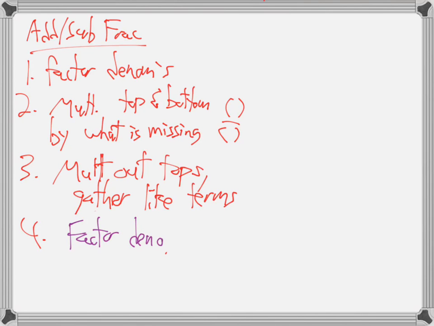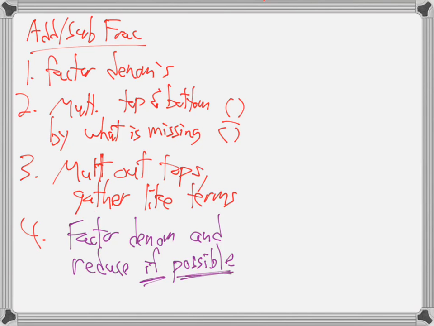Factor denominators and reduce if possible. It's usually not. If possible, usually not. Okay. So there we go. So there's the 4 steps.